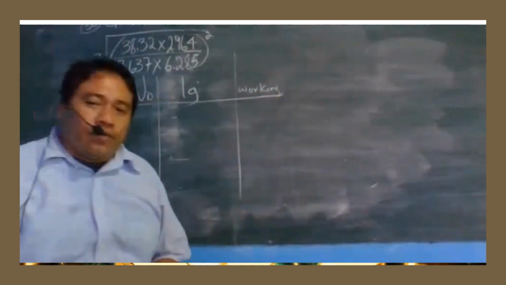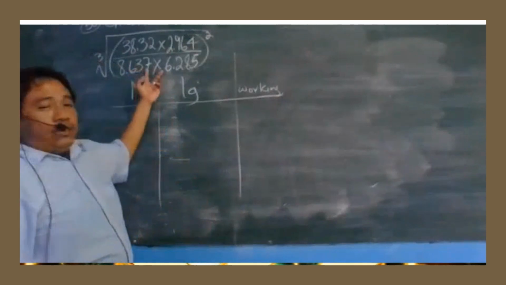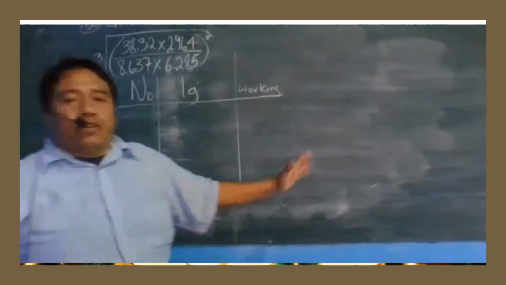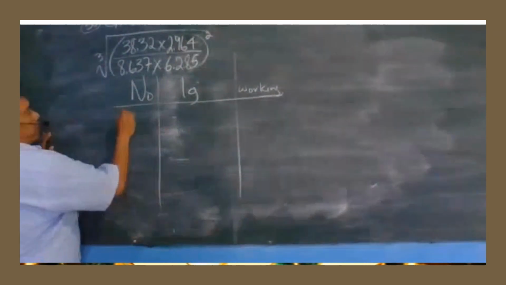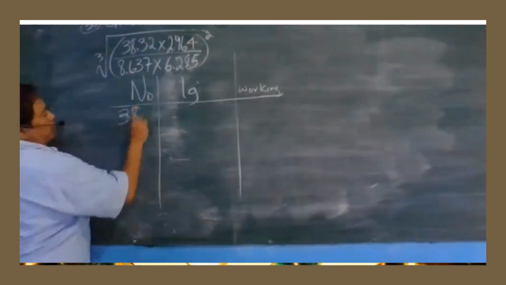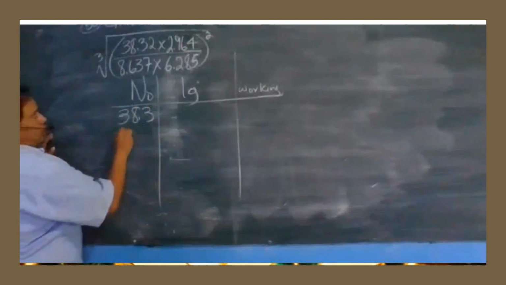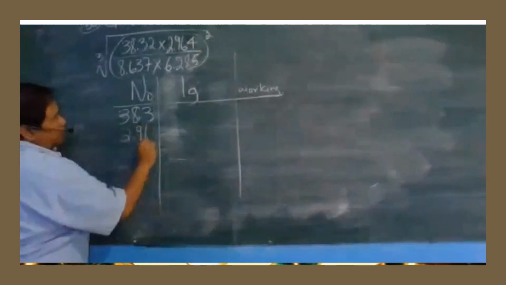Whenever you have two numbers in the denominator, you will always have a third rule. Okay? So this is going to be 38.3, 2.96.